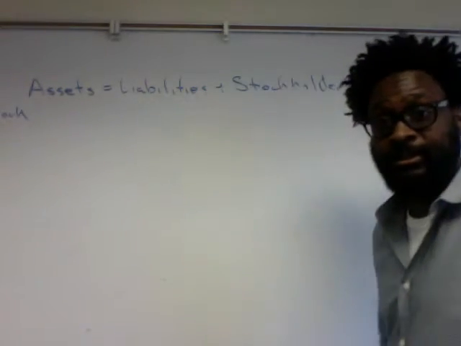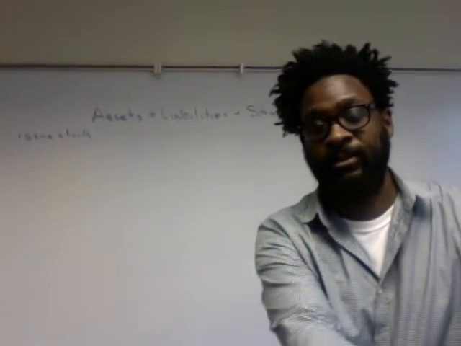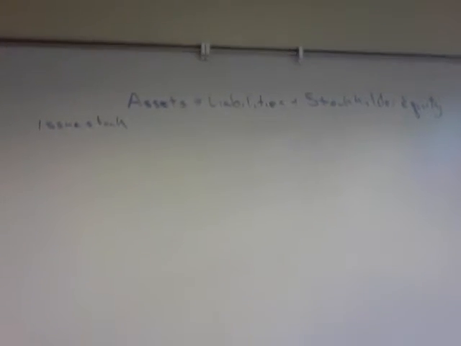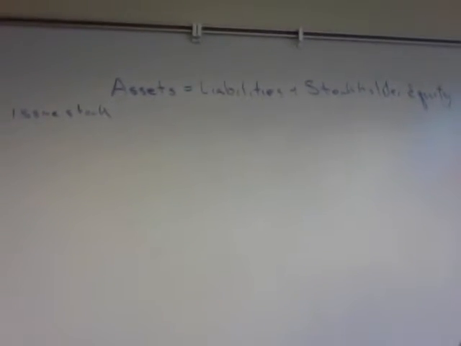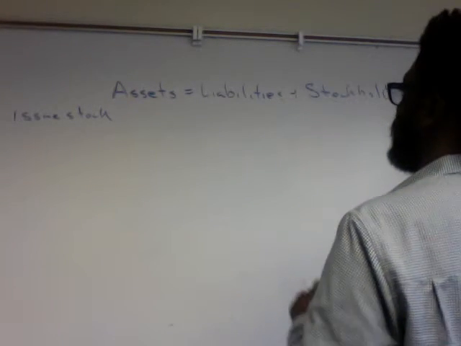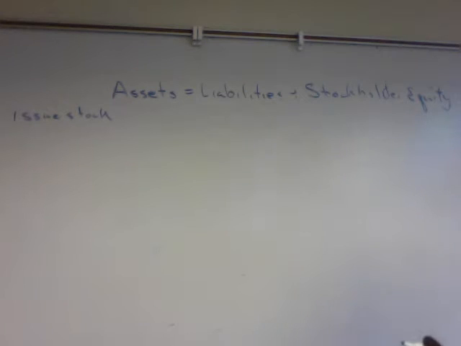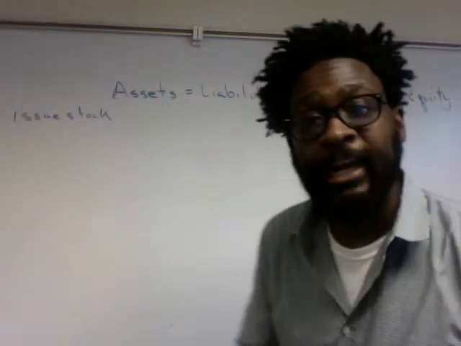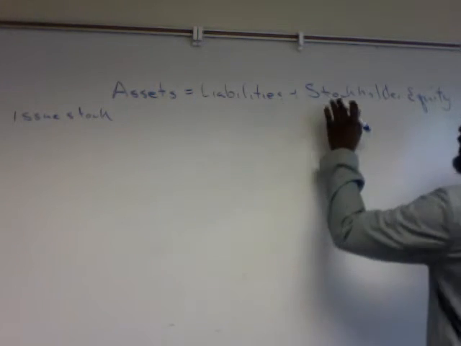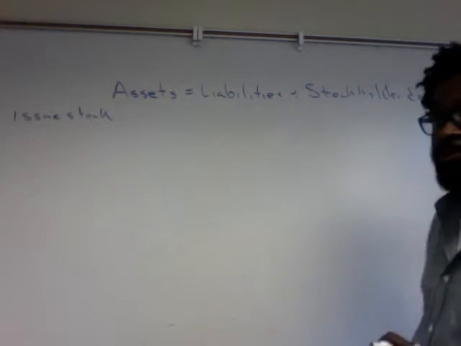Someone issues stock. Let me back this up for y'all to see. When someone issues stock, it's going to affect our stockholders' equity. How would it affect our stockholders' equity? It should increase our stockholders' equity. Why? Because common stock has increased since we issue more common stock. Through which account?